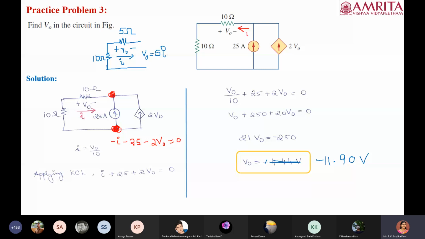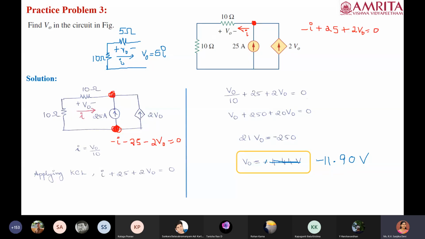I is leaving the terminal, so it is minus I, whereas 25 and 2V0 are entering. So minus I plus 25 plus 2V0 is equal to 0. This is one equation, assuming that I is flowing out of the terminal.